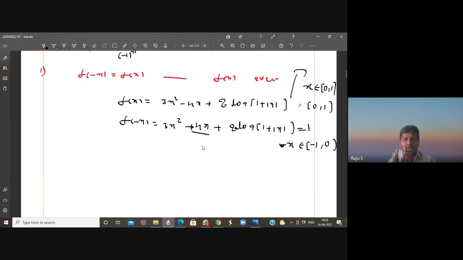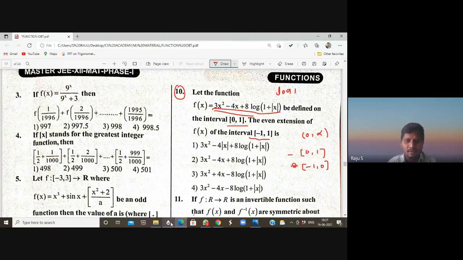Finally, for negative value, minus of minus, it will become plus 4. Here the function should consist of both the signs. See, logical question, 0 to 1 it is minus 4, minus 1 to 0 it is plus 4. They are asking the question in the interval minus 1 to plus 1.